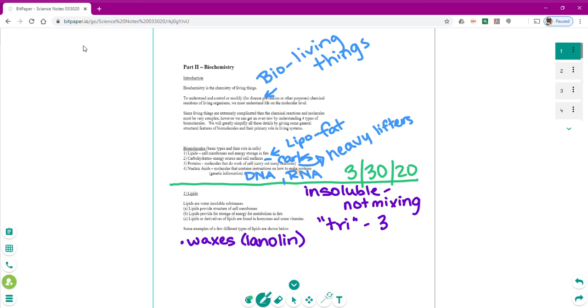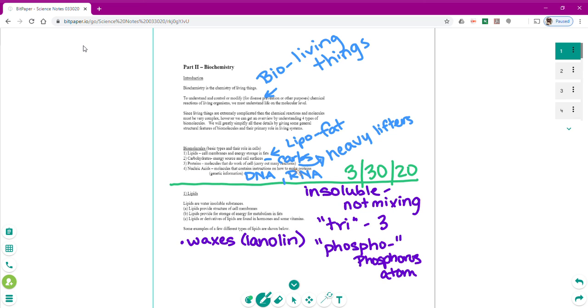Okay. All right. So let's also talk about phospholipids. Phospho here means that it has a phosphorus atom attached.